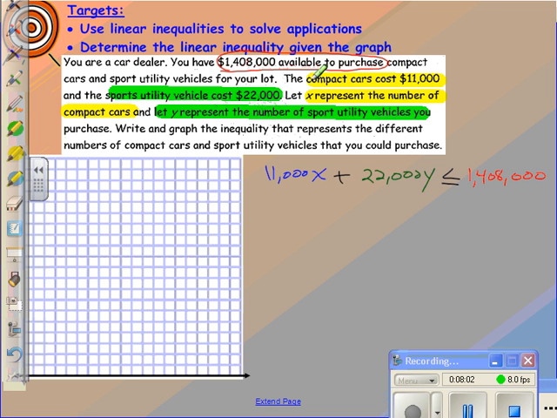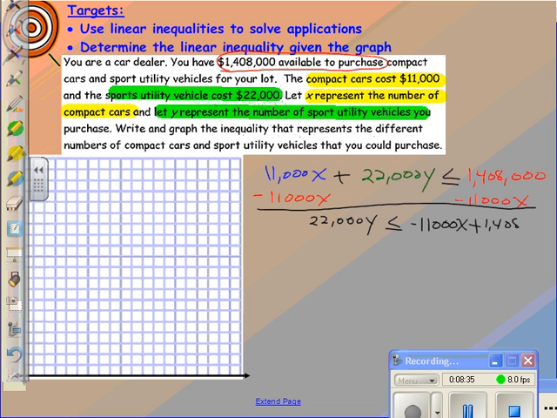Okay? So again, we need to solve this for Y. So if I solve it for Y, the first thing I'm going to do is subtract my 11,000 X from both sides. Set that up there. And I'm going to be left with 22,000 Y is less than or equal to, this is going to be negative 11,000 X plus $1,408,000 there.